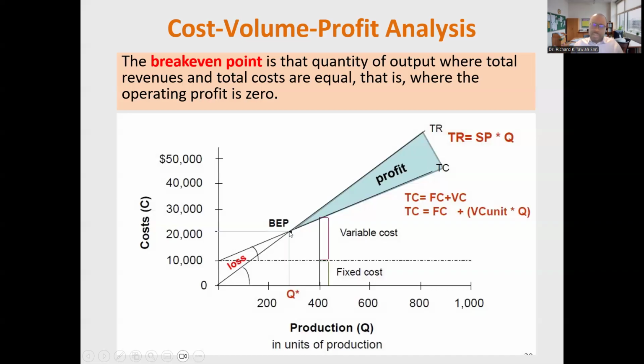But at this particular point, I think 20,000 costs and some Q star here, you see that the total cost and the total revenue become the same. That is the break-even point. Zero profit, zero loss. And thereafter, you see that the total revenue line rises above the total cost line. This is the profit zone. You would always want to be in the profit zone, right?